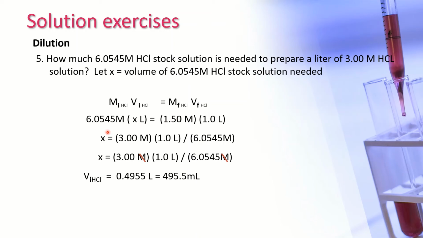So you just substitute the values. 6.0545 M times X is equal to 3 M times 1 liter. So X is equal to 3 M times 1 liter over 6.0545 M. You cancel molarity, you are left with liters. So the initial volume of HCl is equal to 0.4955 liters.